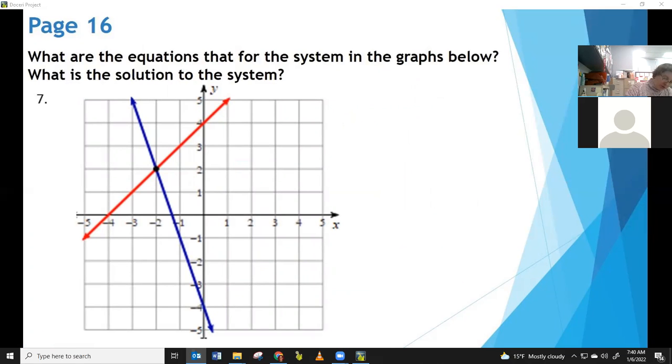Let's name our solution first. What is the solution to the system? -2, 2. Right there is my solution.